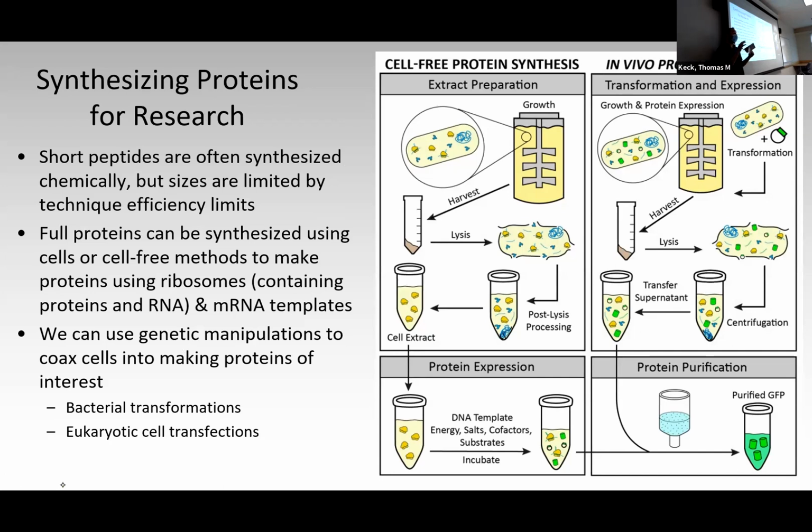And others you'll never get a chance to do in biochem, but you may get a chance to do in the research labs you might work in, or at your job afterward. So if we're making proteins for research, if it's really small, if it's just a little peptide, often we can just synthesize that in the lab using solid state methods.